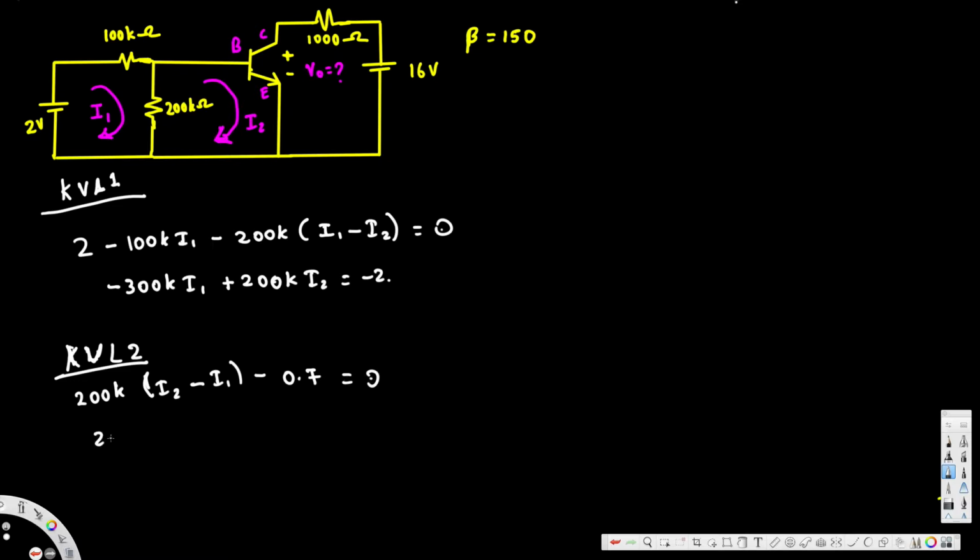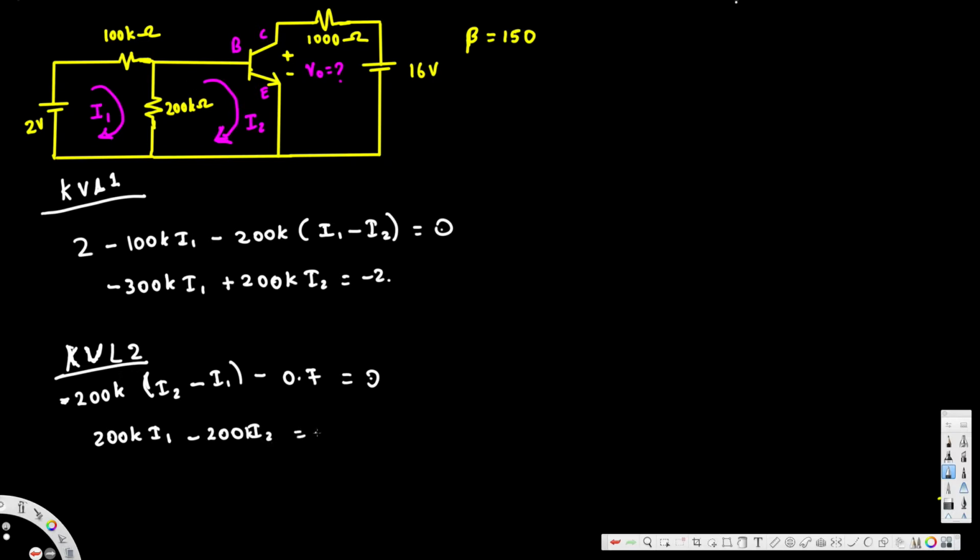So this is going to be 200k I1. This is minus because it's going this direction. So minus 200k I2 minus I1, minus plus. So 200k I1 right here, and minus 200k I2.